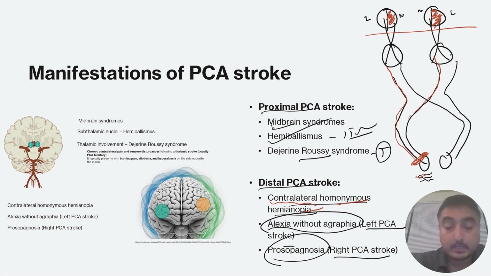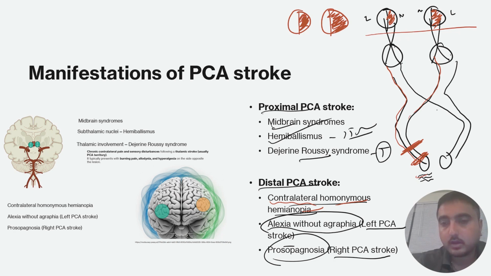And there is an important tie-up to this. There can be macular sparing in the PCA stroke, because the macula receives a collateral from the middle cerebral artery as well. So rather than having the visual field defect like this, which typically occurs in the lesions of the optic tract, in PCA stroke we may have a lesion like this.